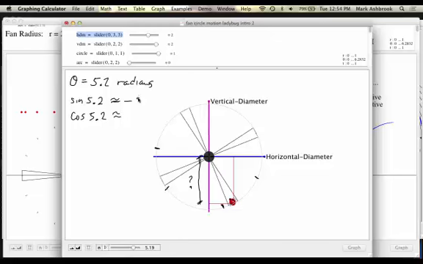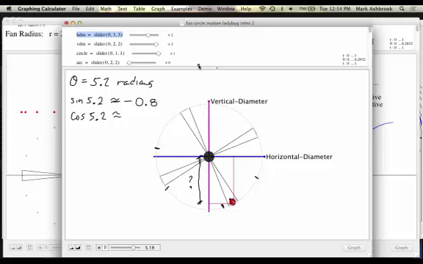Negative 0.8. So the sine, you'd estimate to be about negative 0.8 or even negative 0.9, somewhere in there. We're almost a full radius below, but not quite. So 0.8, 0.9, like that, and it's negative because we're below.